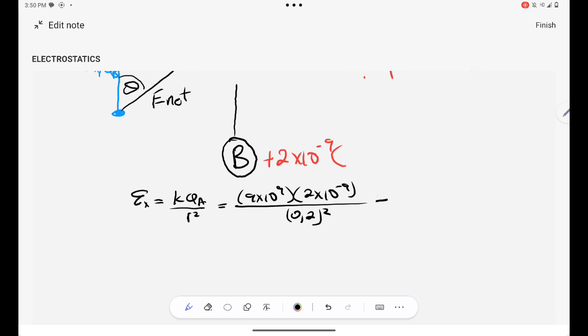This will basically give me 4.5 times 10 to the power 2 newtons per coulomb. Are you together? That's newtons per coulomb.